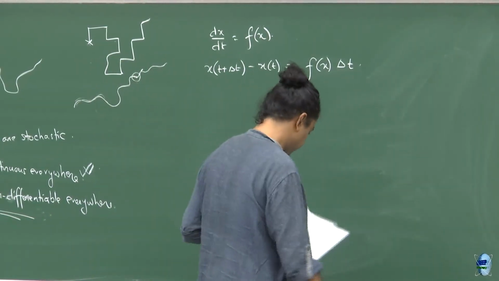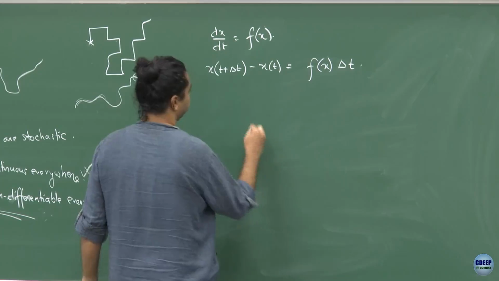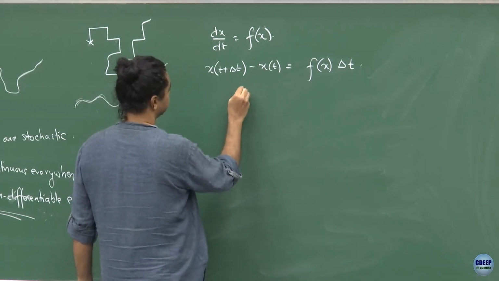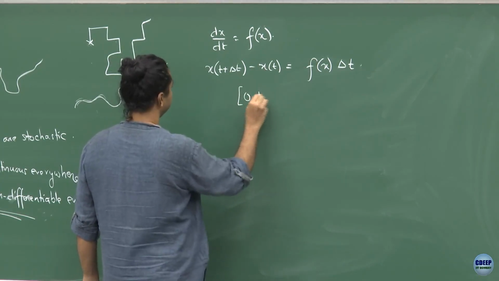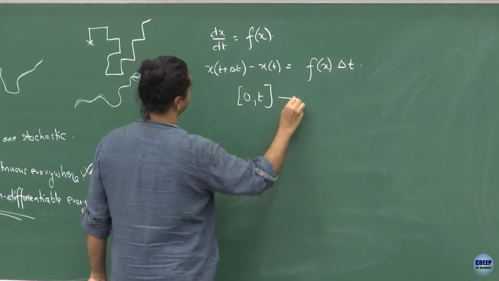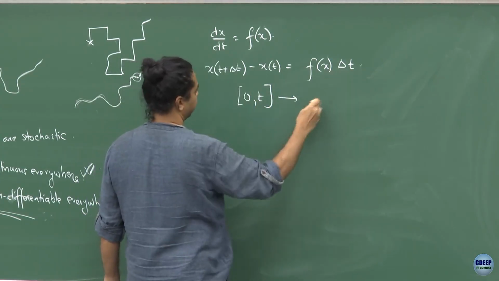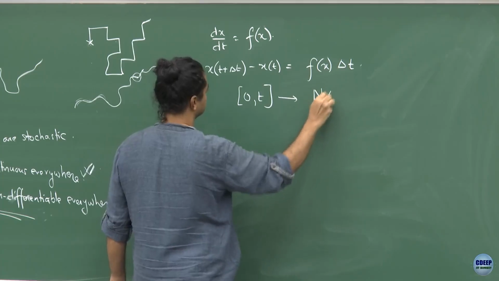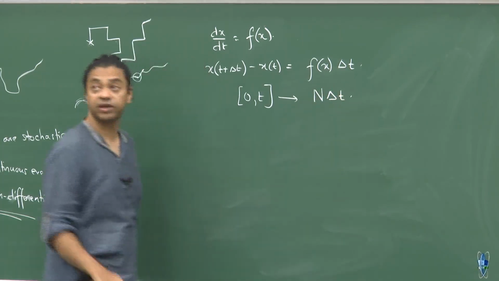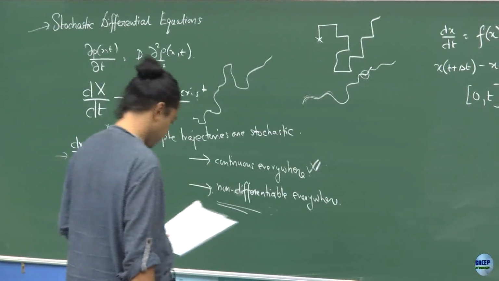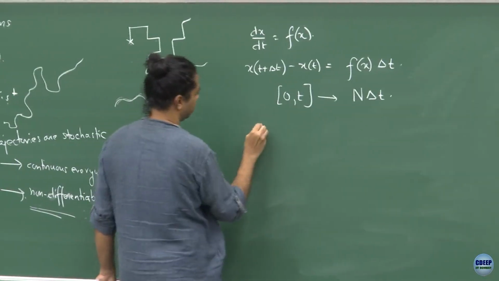And then if I am simulating this process in some time interval 0 to t, I can break this up into small chunks of time delta t, let us say n chunks, each of size delta t. And then I can write down my trajectory.